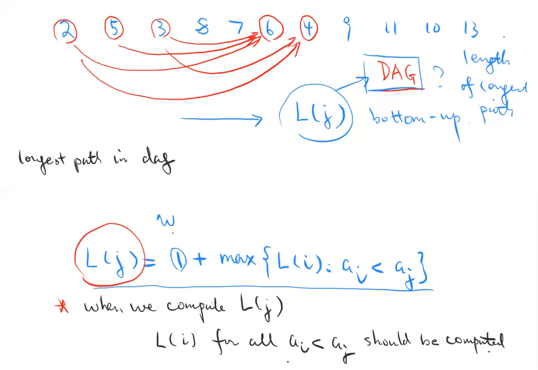All right. So actually, it's Lj equals maximum of L of Vi plus weight of edge ViVj, where ViVj is an edge.